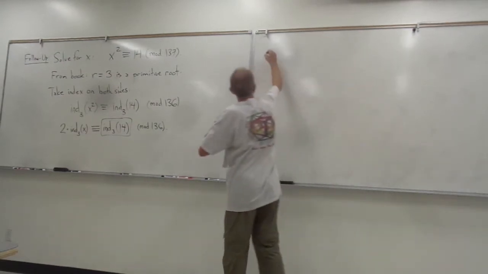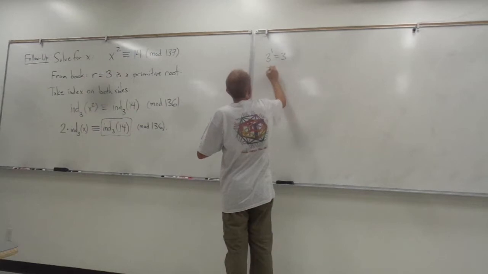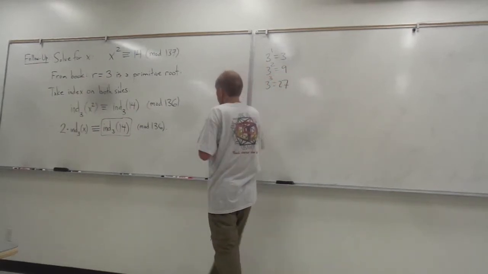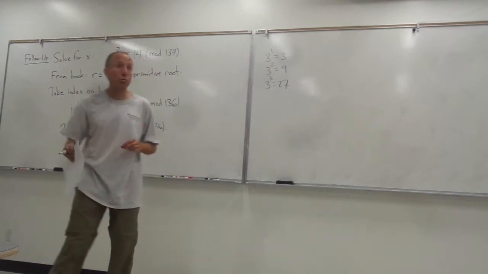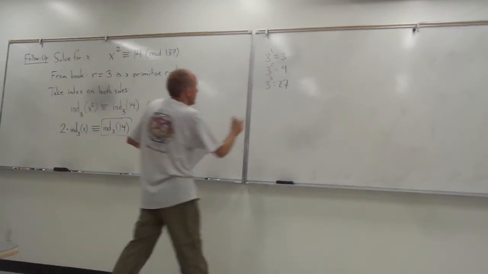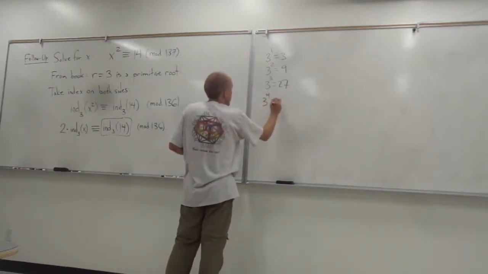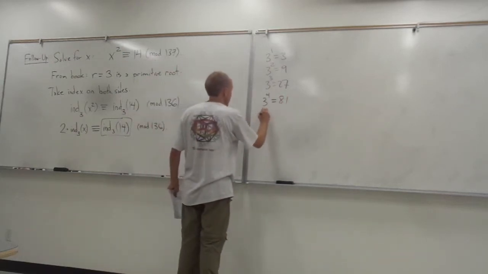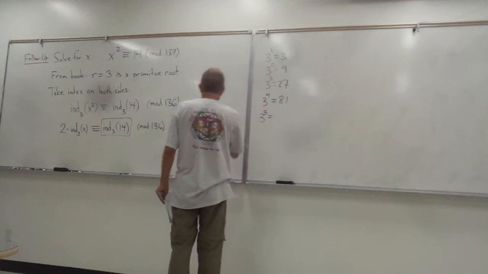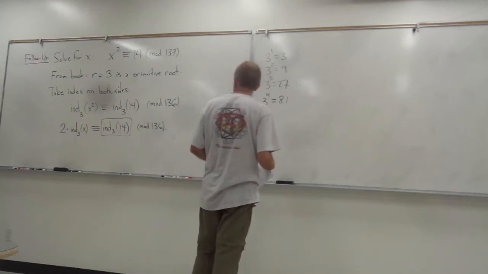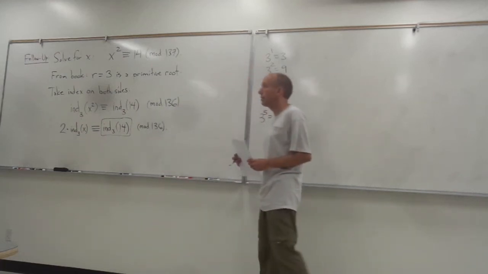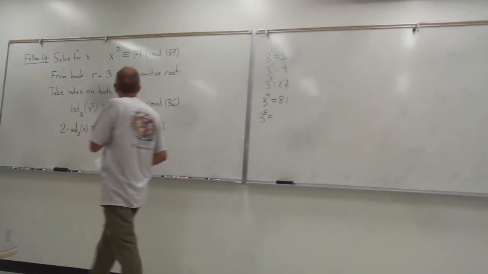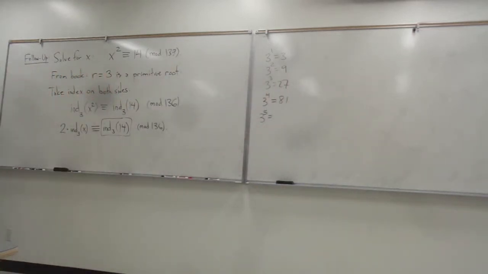So 3 to the first is 3, 3 squared is 9, 3 cubed is 27. As long as I'm under 136, I don't need to reduce anything. 3 to the fourth is 81. 3 to the fifth is, well, it's 243. Yes. Okay, but we're mod 137, right?